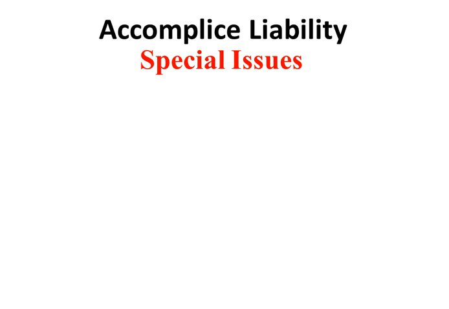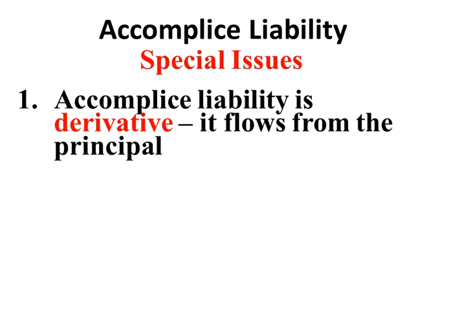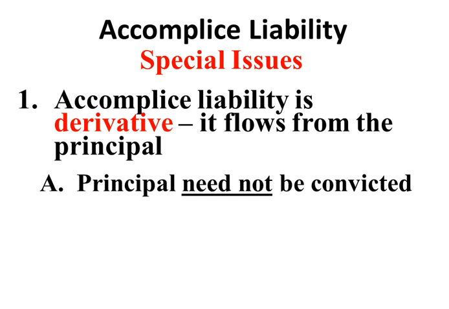There are some special issues that come about in accomplice liability. Accomplice liability is derivative. That is, the accomplice's liability for the crime flows from the principal. However, that does not mean the principal need be convicted. In fact, under modern criminal law, the principal need not be convicted.